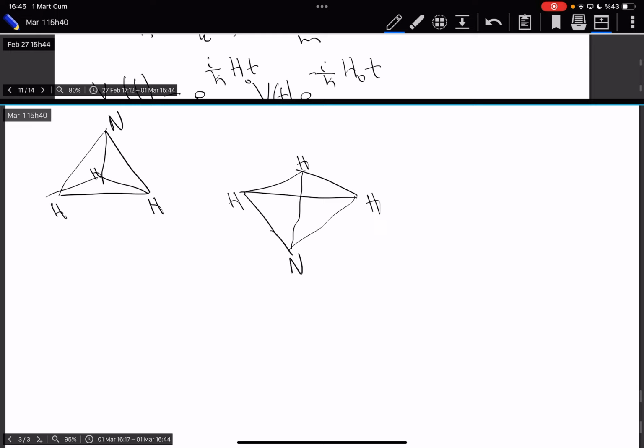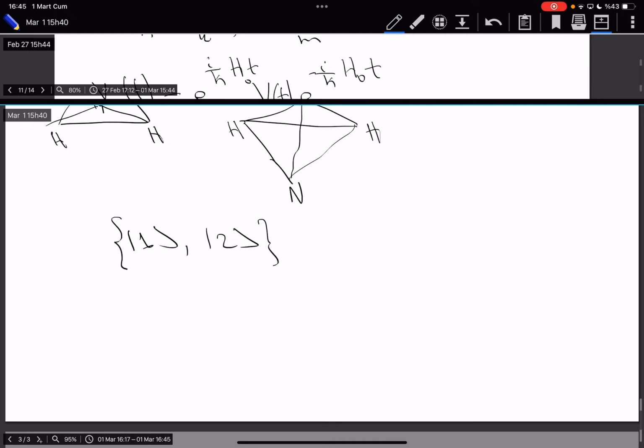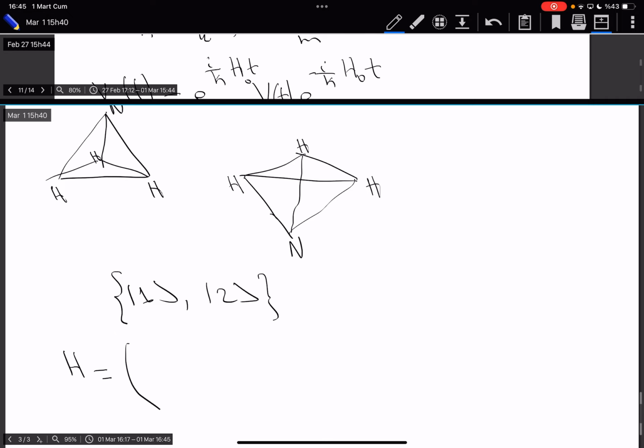So this is another two-state system. We have state 1 and state 2. Furthermore, if you have, for example, the Hamiltonian, those two configurations will be degenerate.